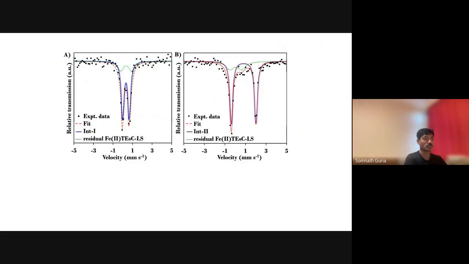Here we are finding the initial iron 2, and the CO2 bound iron 2 splitting has a high delta EQ value because of the other ligand, the CO2.